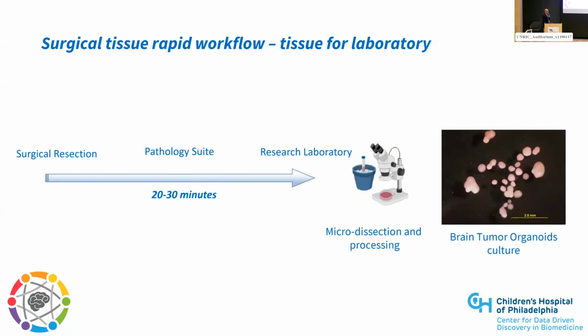This project came out of our interaction and collaboration with Dr. Hongjun Song from UPenn, who published very exciting work around GBM organoids. We utilized this platform for tissue from all of the histologies which we received.